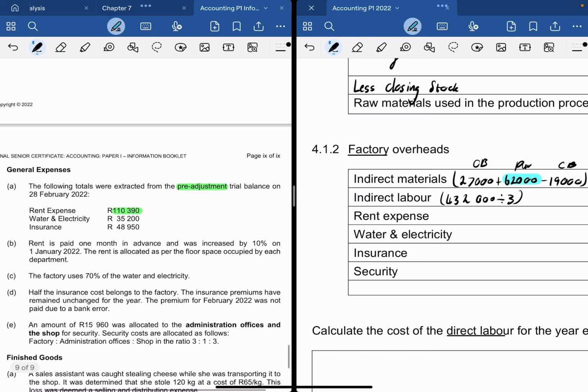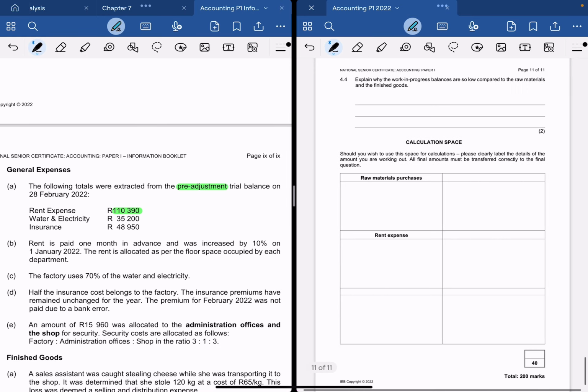But you see here, it says rent is paid 1 month in advance and was increased by 10% on the 1st of Jan 2022. The rent is allocated as per the floor space occupied by each department. Okay, this is quite a mouthful of a question, and it's a question that you'll probably see very similar types of questions or wordings in financial statements. But this is quite hectic.